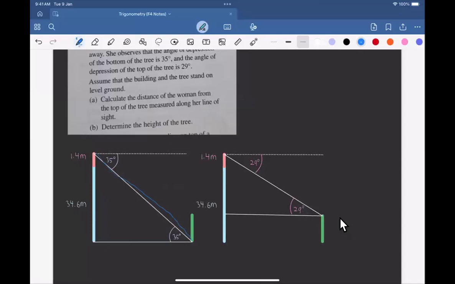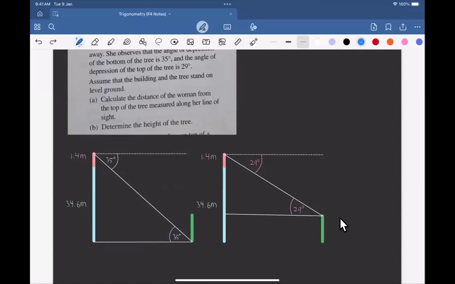Let me ask that question. If she's looking at the top or the bottom, does that change the distance between her and the mango tree? No. It doesn't, right? So what I'm trying to say is this distance will also be the same as this distance. Whether she's at the top or the bottom, she's still that same distance away from the tree.